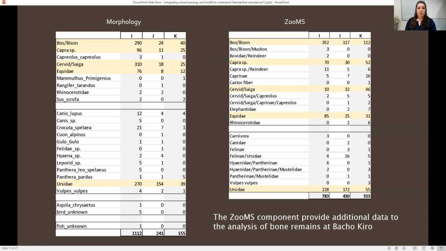These comparative tables illustrate well the similarities between both faunal spectra, but most importantly, how complementary the ZooMS component is by providing considerable additional data to the analysis of the bone remains, especially for layers J and K.